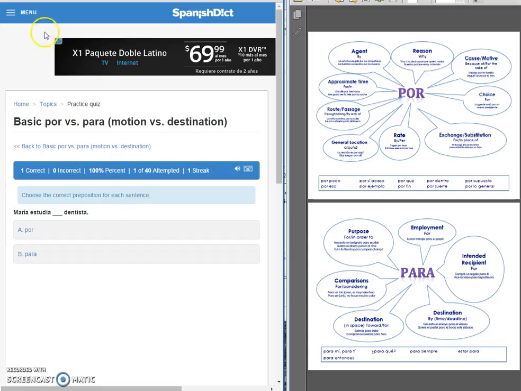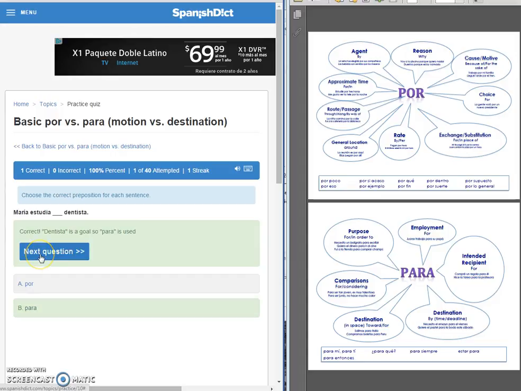Maria studies. So does she study on account of the dentist, or does she study in order to be a dentist? I would say she's studying with the goal of being a dentist. Does that make sense? She's not studying because her dentist told her to. So she's studying to be a dentist. That's her goal.